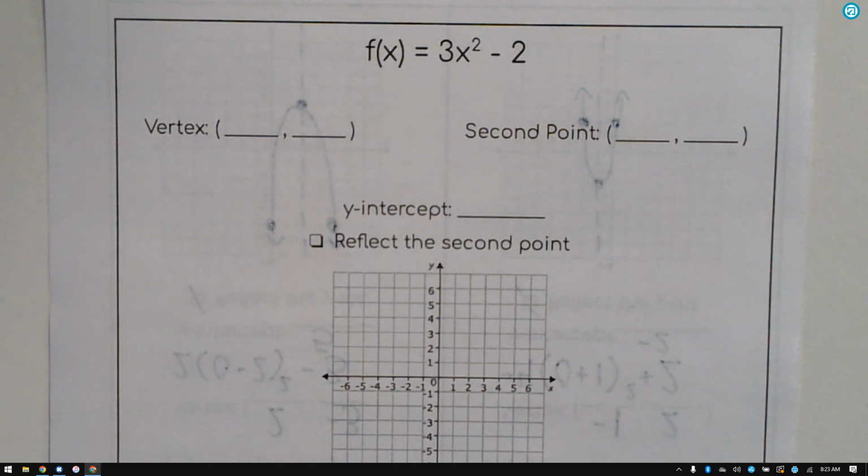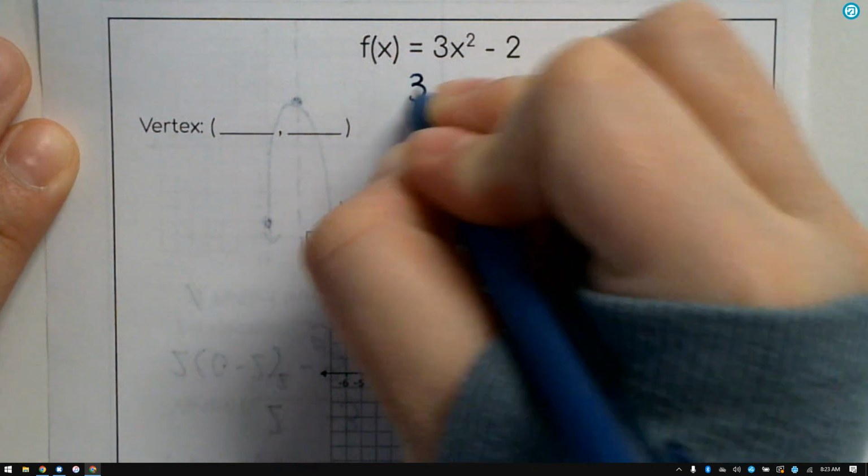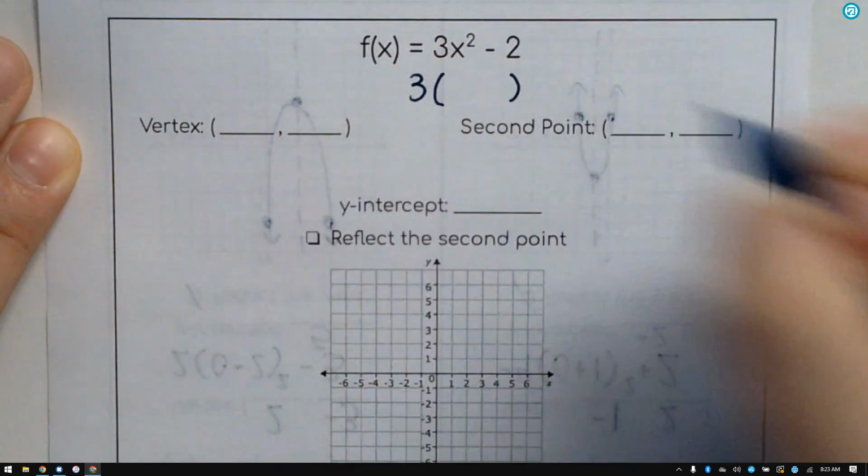So we've got f of x equals 3x squared minus 2. We do not have any parentheses in this problem. This problem is technically in vertex form, but also technically in standard form. But we can graph it how we graphed the problems in vertex form. I'm going to take this 3x squared, and I'm going to add in my parentheses.